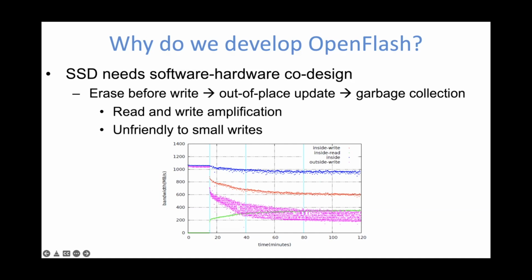So here in this slide, we can see this figure. This figure shows the write amplification of an SSD. The blue lines are total write traffic, and the purple lines show the real user data traffic. The gap between the blue lines and the purple ones is large. This gap is write amplification.